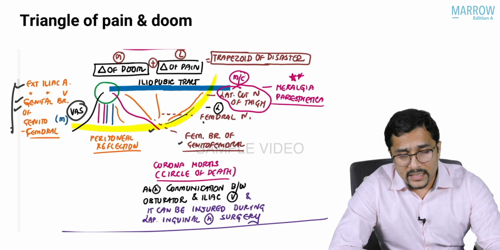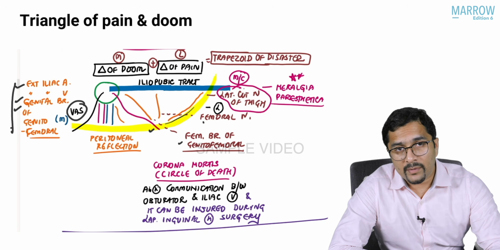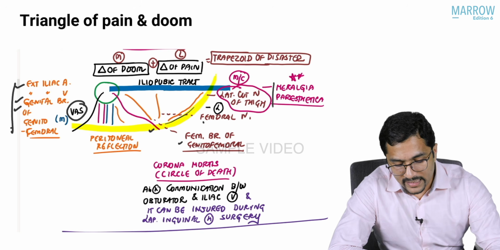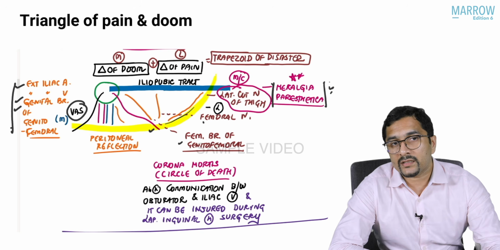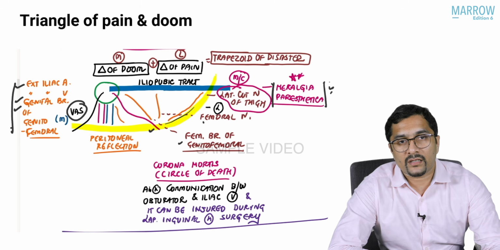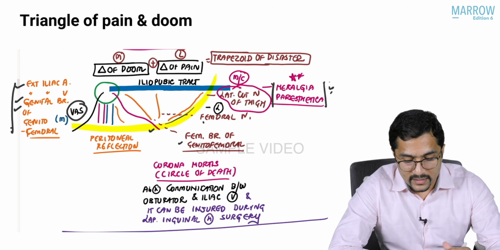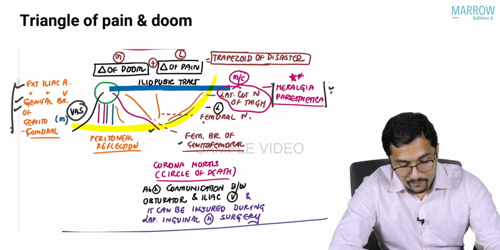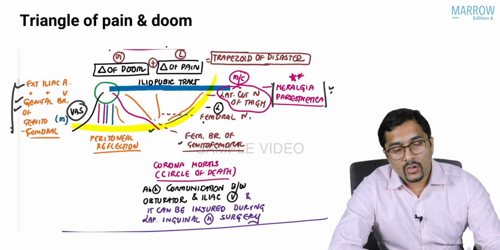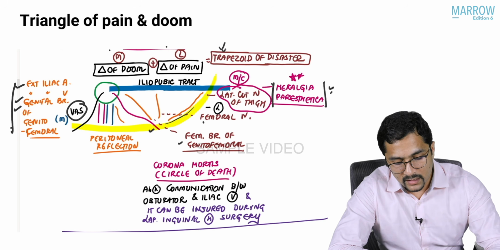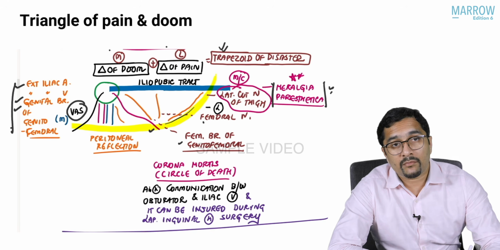You need to know that lateral cutaneous nerve of thigh is the most commonly entrapped nerve here, and that can give rise to meralgia paresthetica. There can be pain and paresthesias along the distribution of the lateral cutaneous nerve of thigh. Now, triangle of doom and triangle of pain, if you combine them, you will get the trapezoid of disaster. This was asked in the AIIMS exam 4 years back.